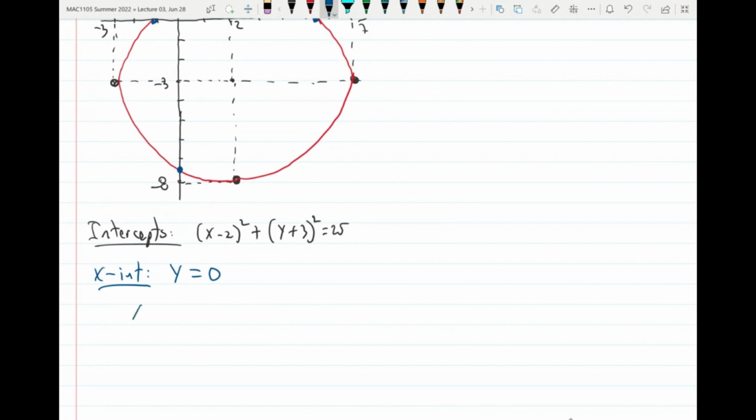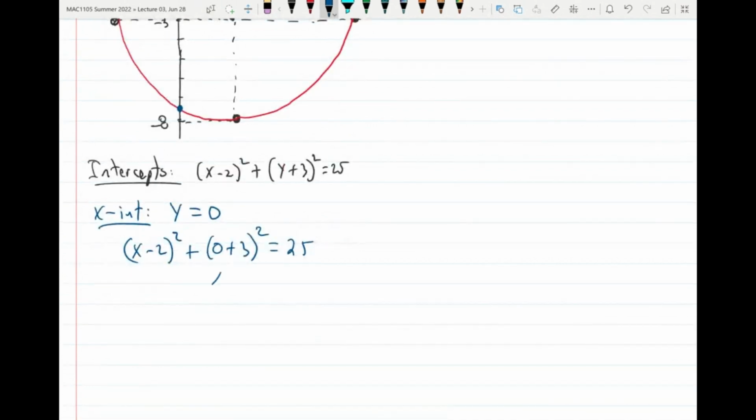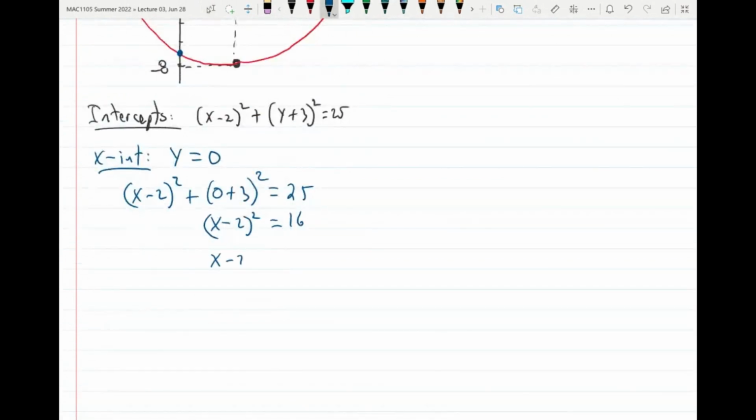So in other words, we need to solve this equation. X minus 2 squared plus 0 plus 3 squared equals 25. Okay? Let's solve it. You get 9, move it to the other side, that's 16. So then x minus 2 is what? Plus or minus 4.